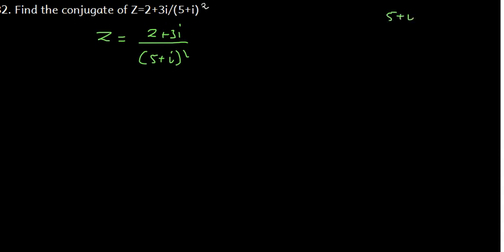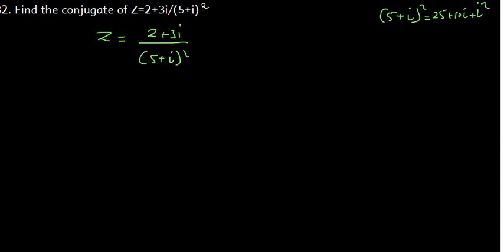So the (5 + i) squared, we get the first number, we square it, that will give us 25. And then multiply 2 by 5 by positive i, that will give us 10i. And then get the second number, square it, that will be i squared.